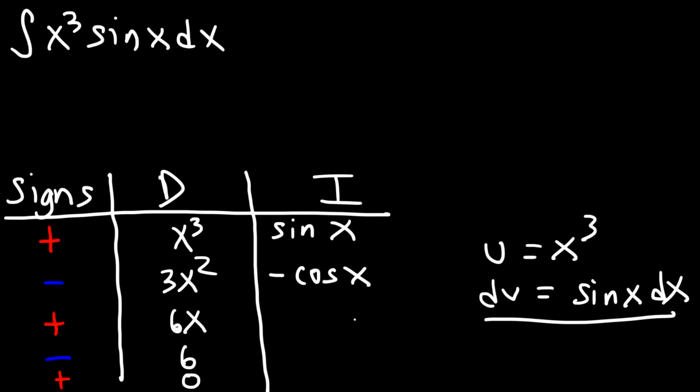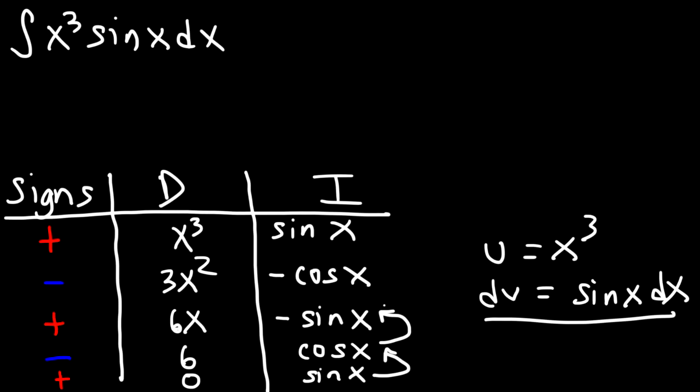And the integral of cosine is sine, so the integral of negative cosine is negative sine, and the integral of negative sine is cosine, and the integral of positive cosine is positive sine. So just to check, the derivative of sine is cosine, the derivative of cosine is negative sine, the derivative of negative sine is negative cosine, and the derivative of negative cosine is sine. So you can go backwards and check to make sure you did it correctly.